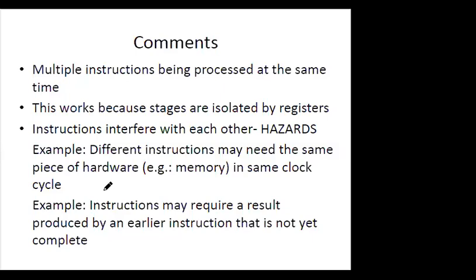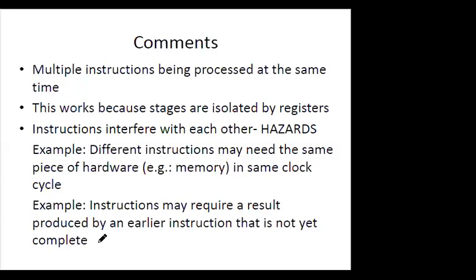Another example involves instructions that may require a result produced by an earlier instruction that is not yet complete. So it has a dependency on the previous instruction. The previous instruction needs to create some value so that the next instruction can be carried out.